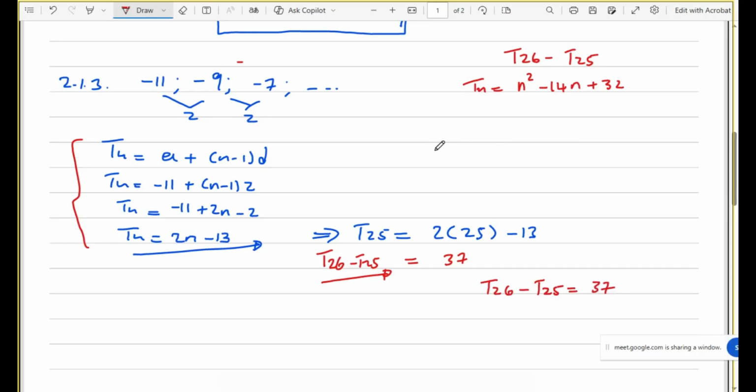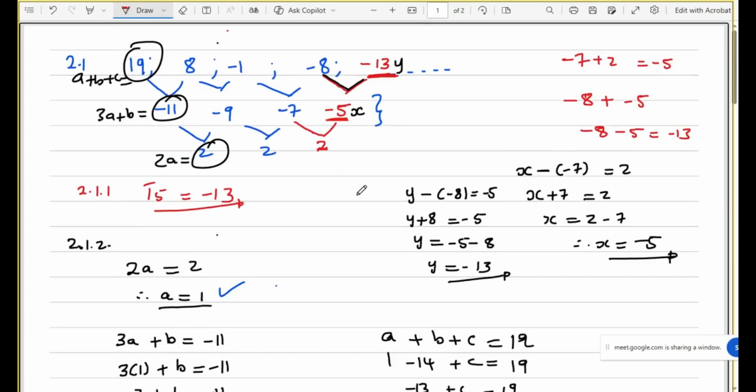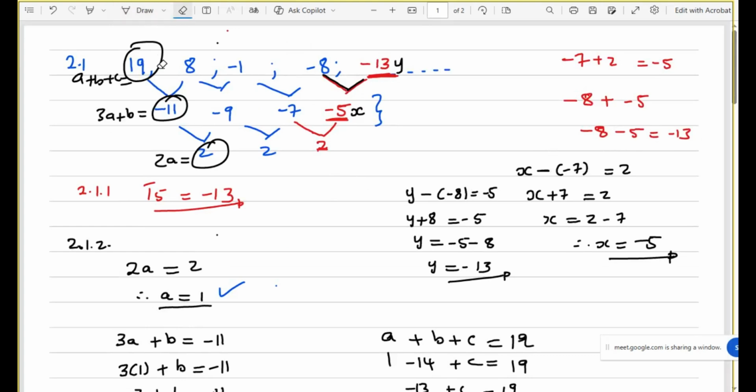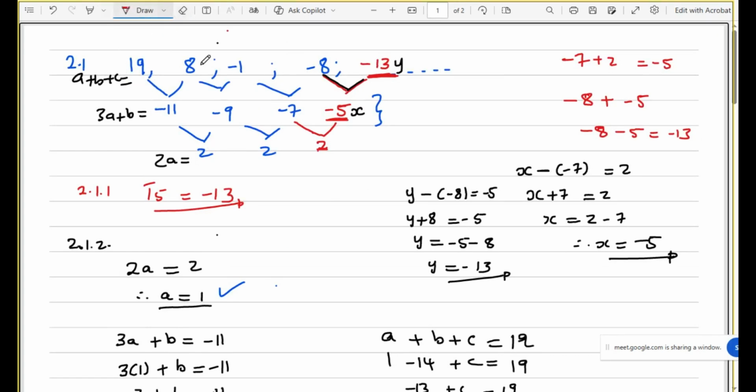Let me explain why. Look at this. Guys, please pay attention. Don't sleep. Look at this. This is my T1. This is T2. This is T3. This is T4. This is T5. So when I say T2 minus T1, what do I get? I get 11, which is T1 of your first difference.